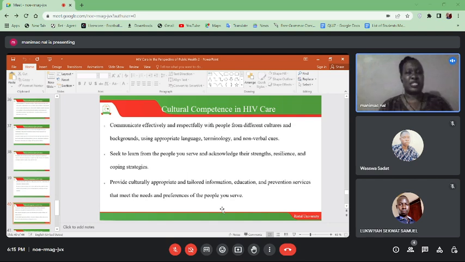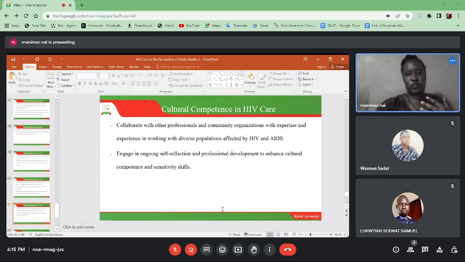Furthermore, communicate effectively and respect people who have different cultures or backgrounds. Seek to learn from those people that you serve and acknowledge their strengths. Provide culture-appropriate services and tailor the information, education, and prevention services to meet the needs and preferences of those people.